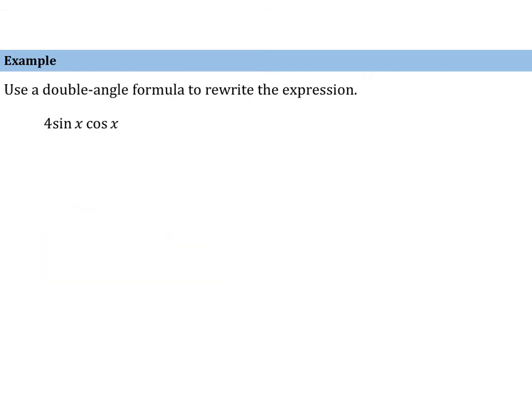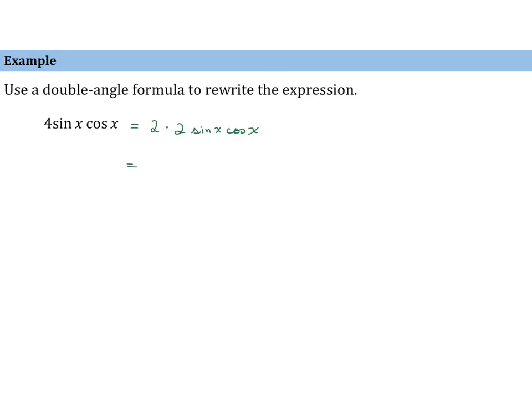We can also use our double angle identities to manipulate an expression and rewrite it. So if we use our double angle identity for sine of 2x, we can go ahead and rewrite 4 sine x cosine x. But you'll notice what we have here is 4 can be written as 2 times 2. So we can separate the 4.